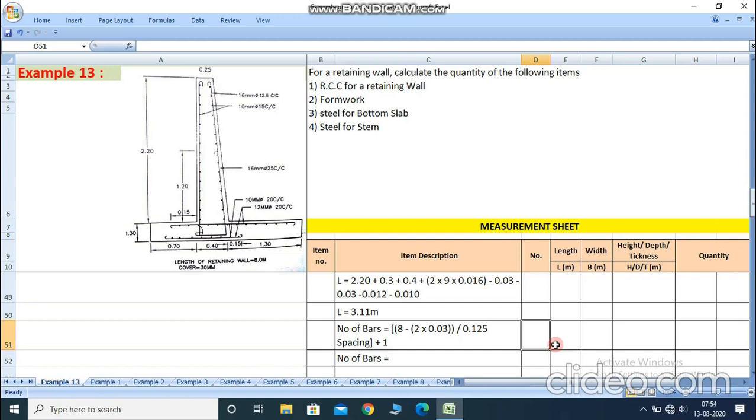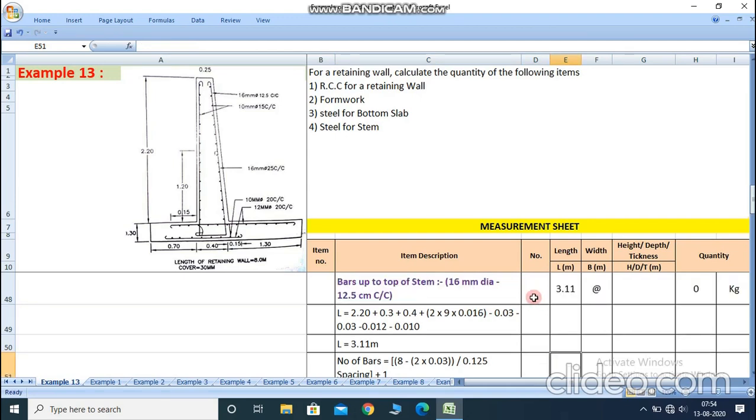So here the total number of vertical bars we calculated is 66.